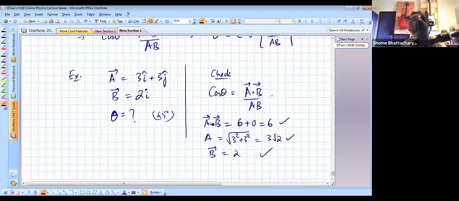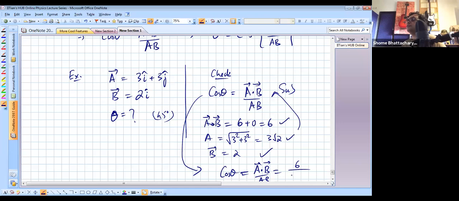Okay. So therefore, now substitute these back over here. And you will get cos theta as A dot B, which is 6. Magnitude of A was 3 root 2, and the magnitude of B was 2.